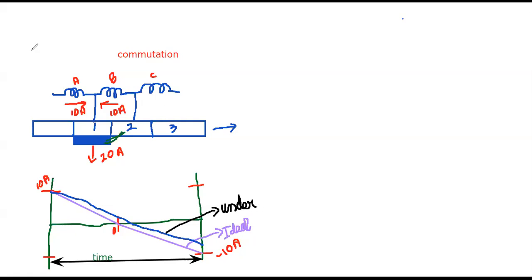In the commutation process, we have coils for phase A, phase B, and phase C, and a self-induced EMF is found in this coil. Due to this, the under commutation process takes place. The time consumption will be very less, so we can say it is an advantage, but it is not an advantage here.